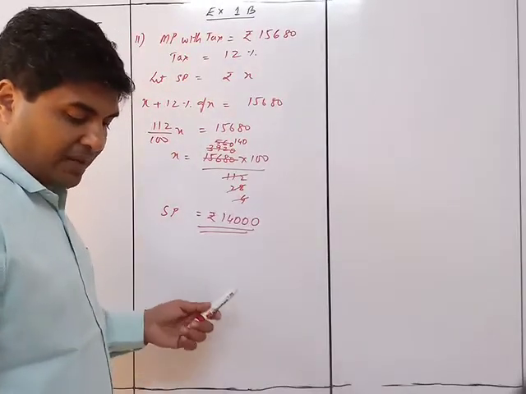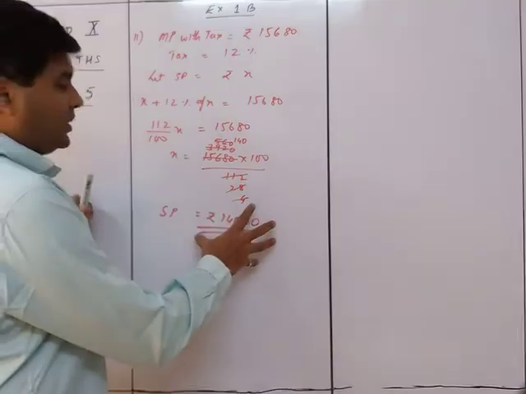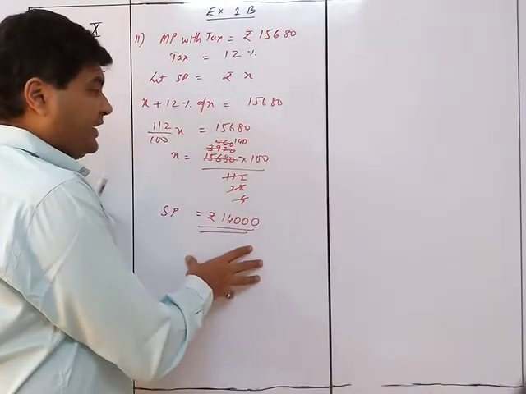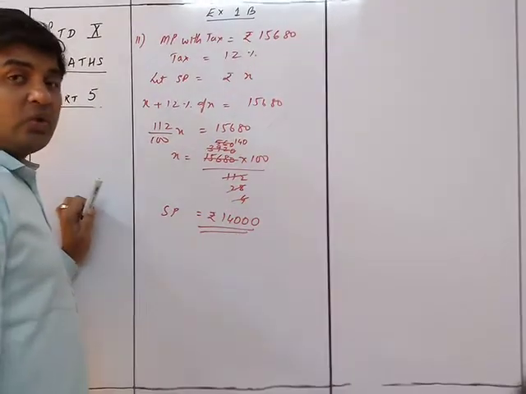Find the required reduction. So you can see the marked price is 14,000. So he wants the article to be available at 14,000 instead of 15,680. So what is the reduction required?